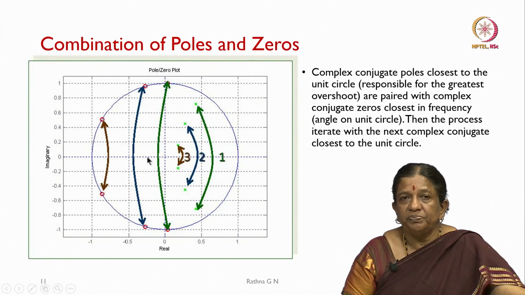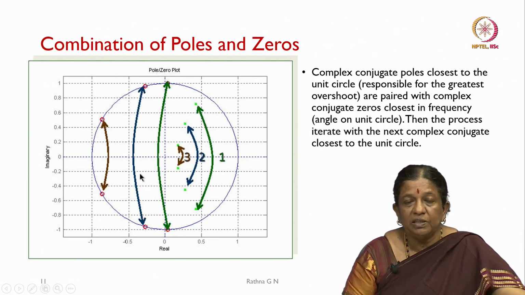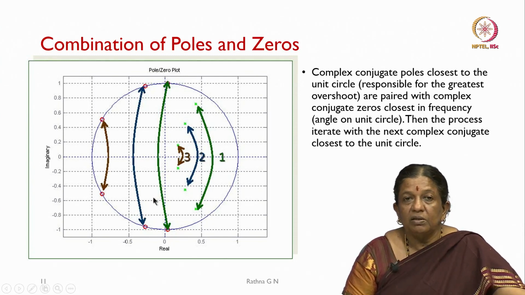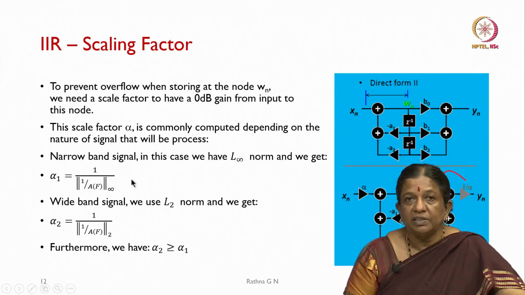The quality factor and how it affects our pairing is also an important aspect. This is one method one can use so that we get a good pairing of poles and zeros in our cascade section.